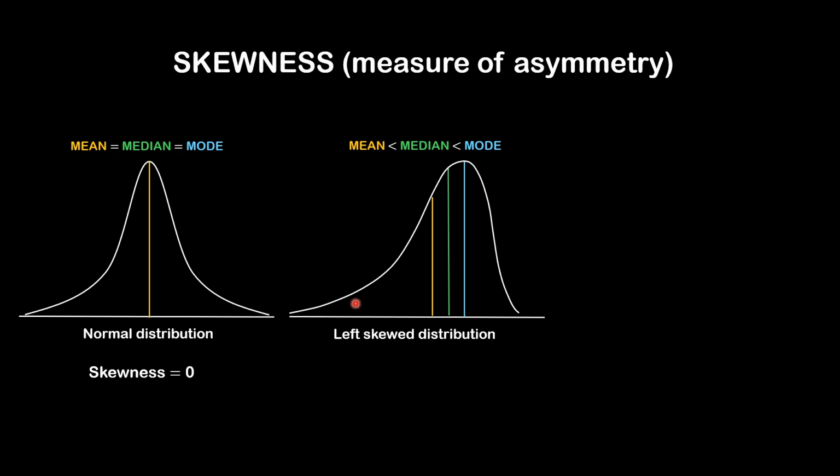And since there are many very small values of x and very few large values of x, the mean is less than the median, which in turn is less than the mode. And the skewness in this case is negative. So this is an entirely made up value, but when you have a left skewed distribution, the skewness is negative.